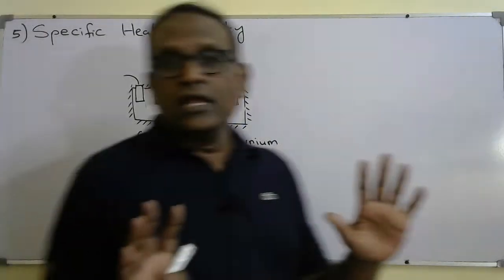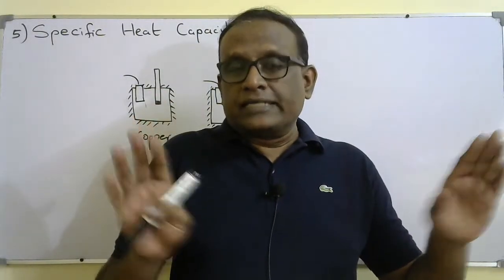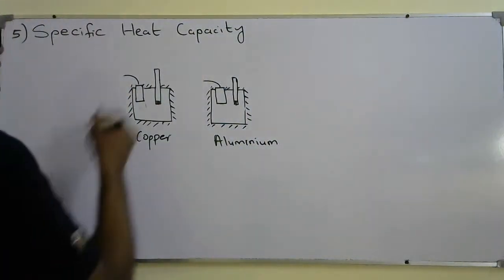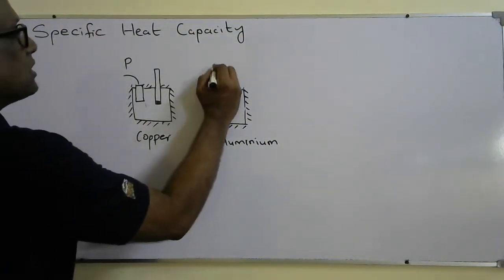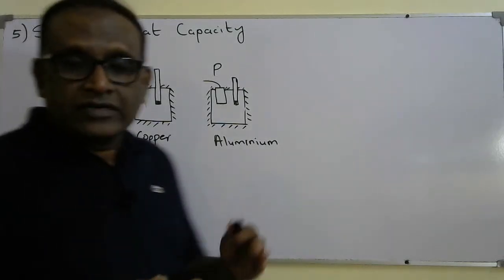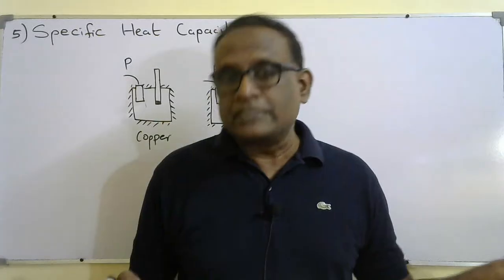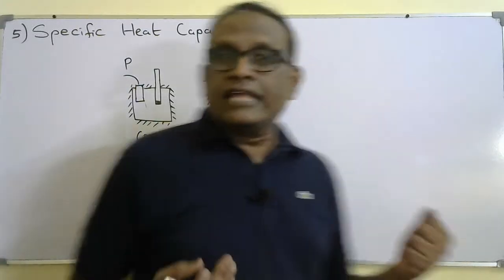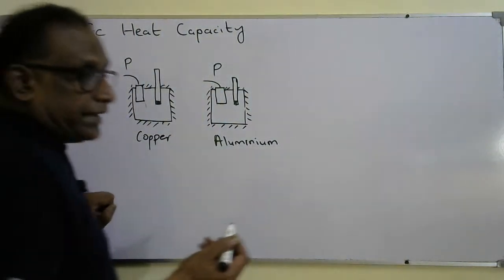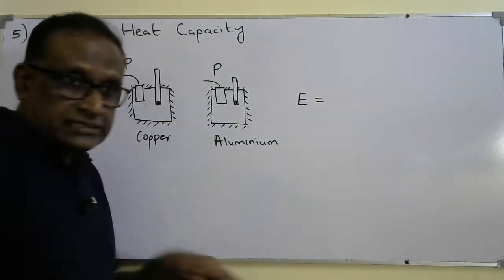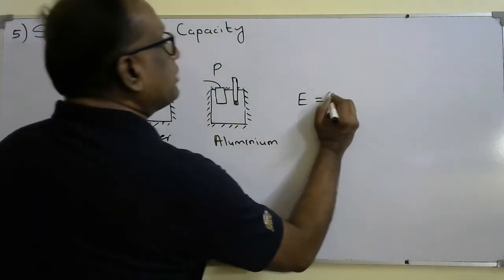You will see the readings of the thermometers will be different, because both heaters are identical with the same power. So the heat given by the heaters per unit time is the same, that is power P. They were switched on for 2 minutes. The heat given, heat being a form of energy that flows, is power times time.